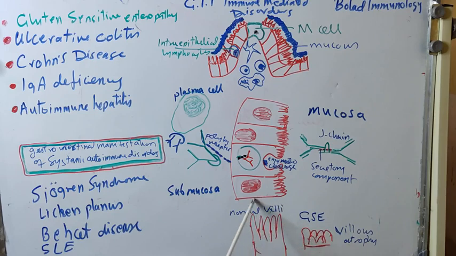As can be seen here, this is a normal villus, but in case of celiac disease, the villi get atrophied. The mechanism of this inflammatory process could be antibody mediated or cell mediated.